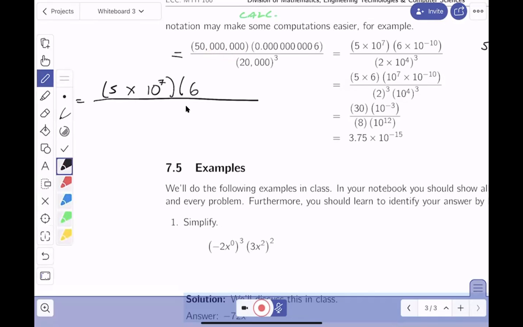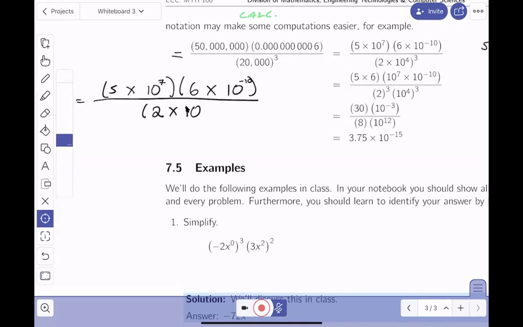It's 6 times 10. Got to do some more counting. 3, 6, 9, 10, minus 10. What in that direction, right? Let's go to the bottom. What's that going to be? 2 times 10. Let's count it up. 3, 4.